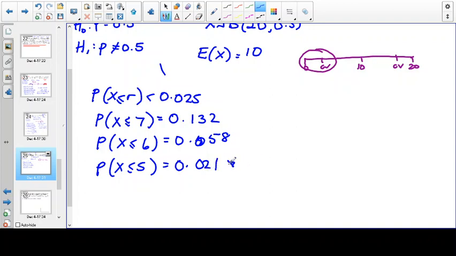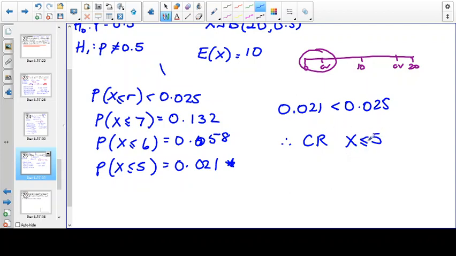Okay, that is the first one that's gone below 0.025. Okay, so 0.021 is less than 0.025. Therefore, the critical region is X is less than or equal to 5.